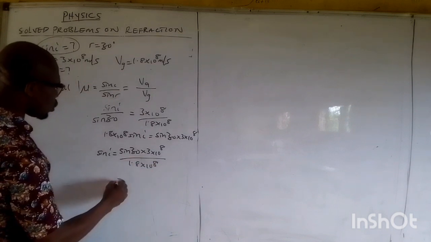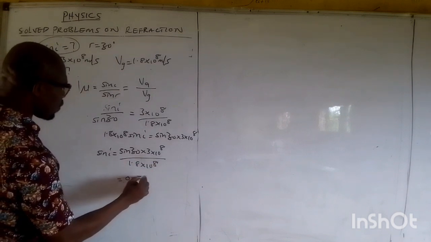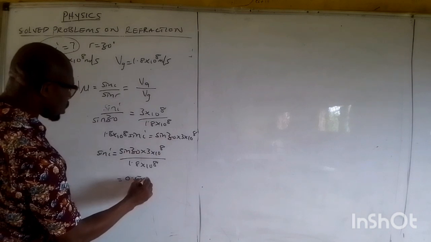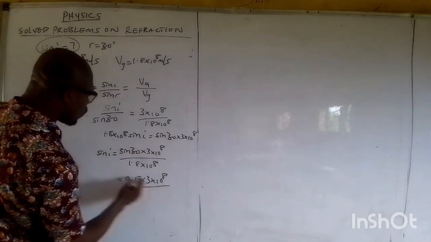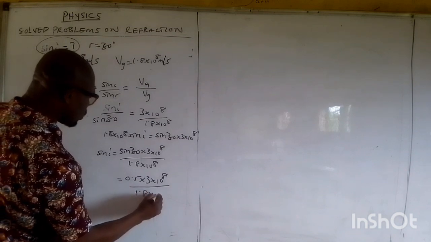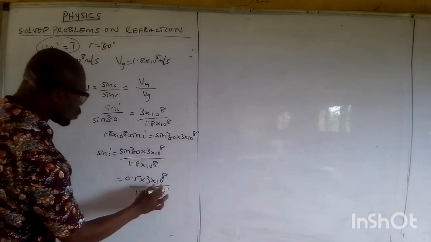At this point, sine 30 is 0.5, times 3 times 10 raised to the power 8, all over 1.8 times 10 raised to the power 8.